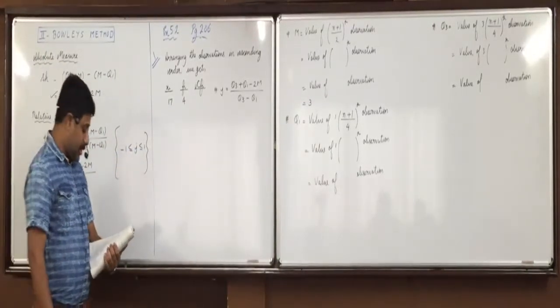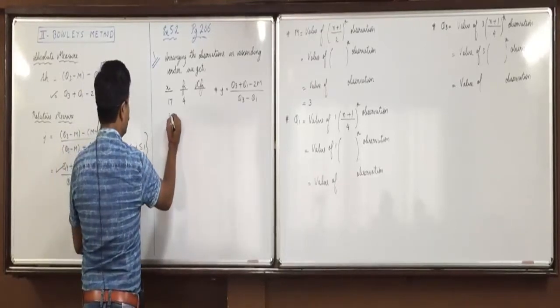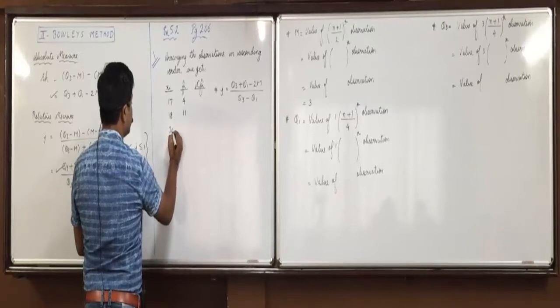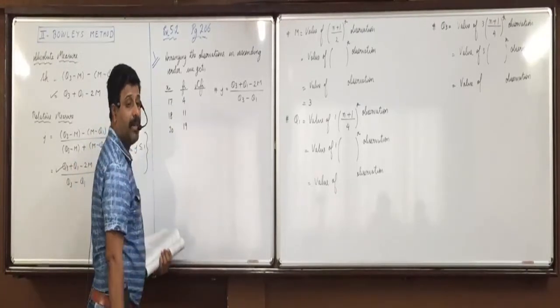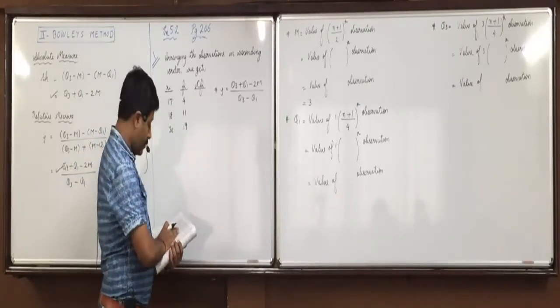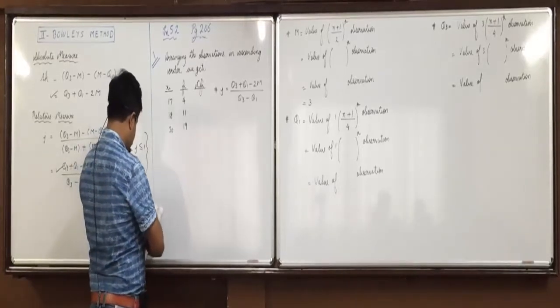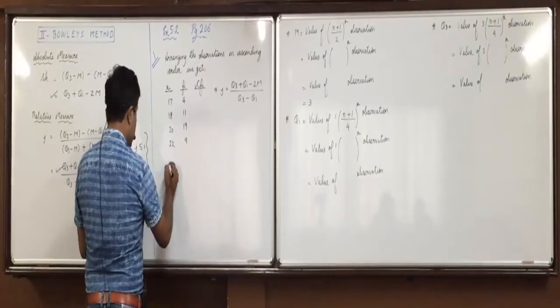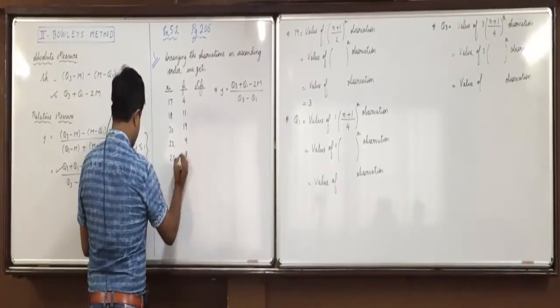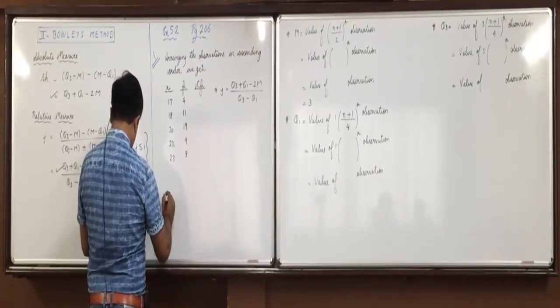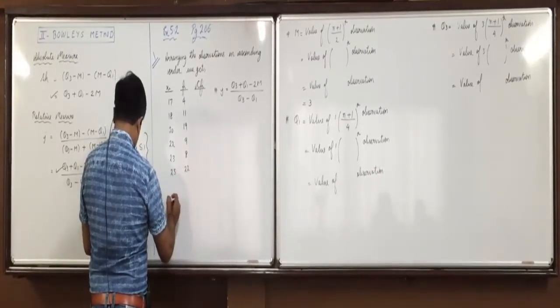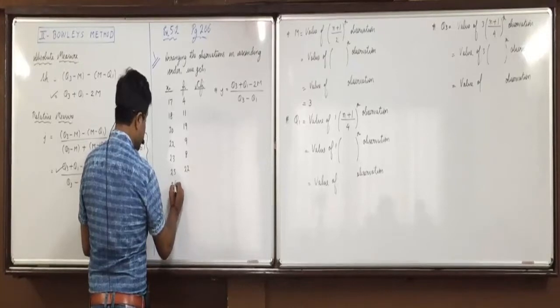Then 18 and 11, 20 and 19, 22 and 9, 23 and 8, 25 and 22, 26 and 7, and 28 and 3.